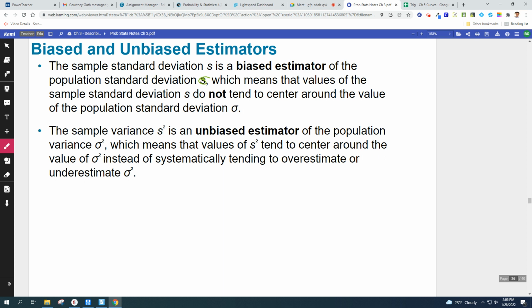I think you might need to read that again. Biased estimator, all right? Then the sample variance s squared is an unbiased estimator of the population variance sigma squared, which means that values of s squared tend to center around the value of sigma squared instead of systematically tending to overestimate or underestimate sigma squared. Very difficult wording. Definitely want to read that again. Look at that again for biased and unbiased estimators.